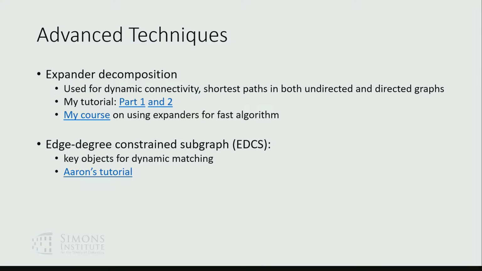So it's a kind of model-independent technique. If you want to work on matching, this is something to look at. Aaron gave a tutorial on this, and I put the link, and I will upload the slides. A different Aaron, Aaron Bernstein.